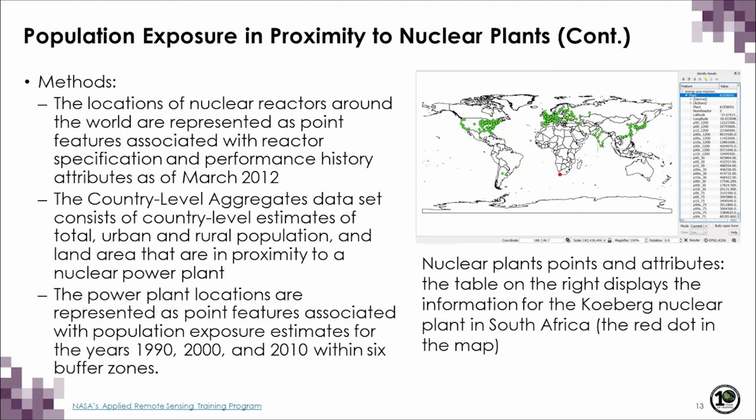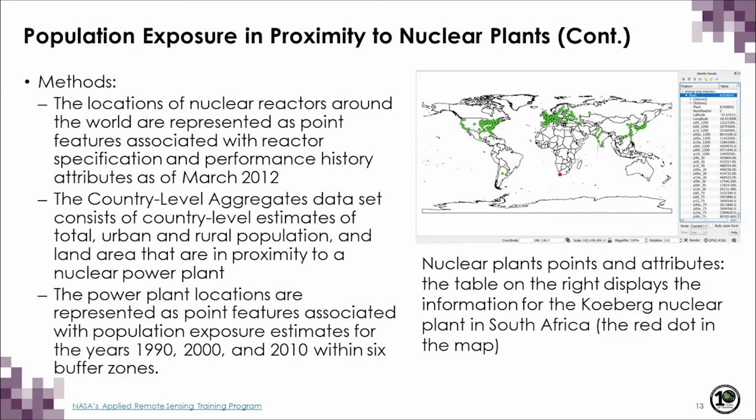Now, in terms of methods, the location of nuclear reactors around the world are represented as point features associated with reactor specification and performance history attributes as of March 2012.